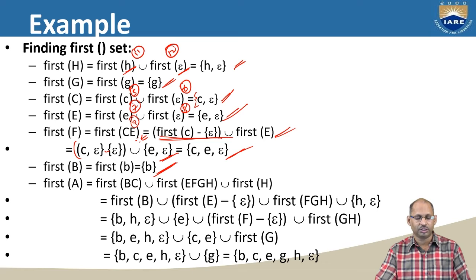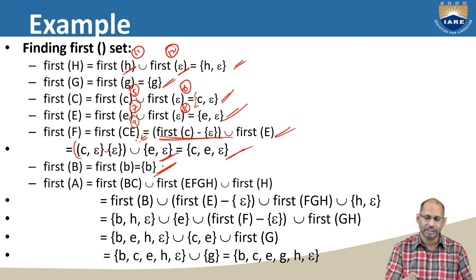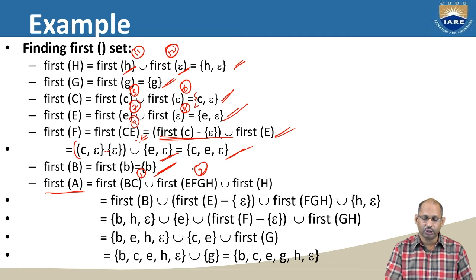Then first of B is simply B, from the second and fourth productions. Now, first of A. What is first of A? From the first production, first of B. From the second production, first of E. It has epsilon, so consider first of FGH.